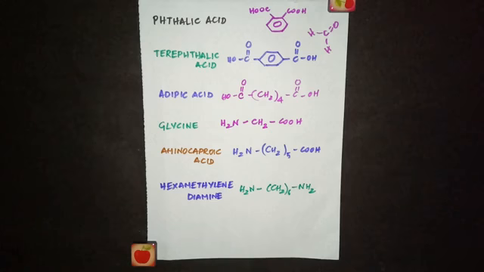And the next one is ethylene glycol. You know the formula for ethylene glycol. It is a diol, which means it has two OH groups. OH, CH2, CH2, OH. I have told you in the previous video how to write this ethylene glycol from ethene. So these are the monomers that we will be using.